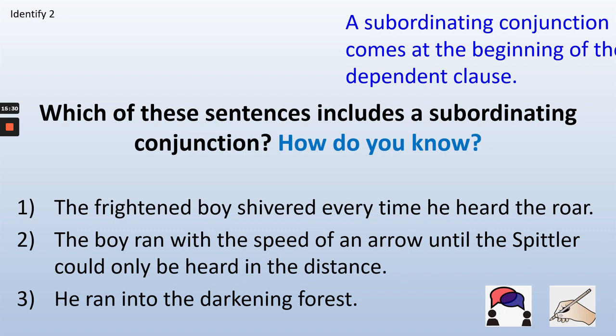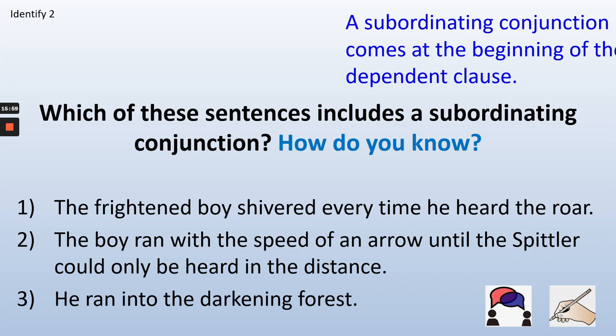So you're going to find the dependent clause first in the sentence and then find the subordinating conjunction at the beginning of the dependent clause. So press pause while you write down 1, 2, 3, have a read and give a tick to 1, 2, or 3 if they have a subordinating conjunction in the sentence.